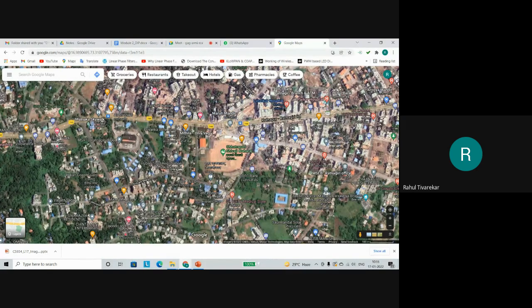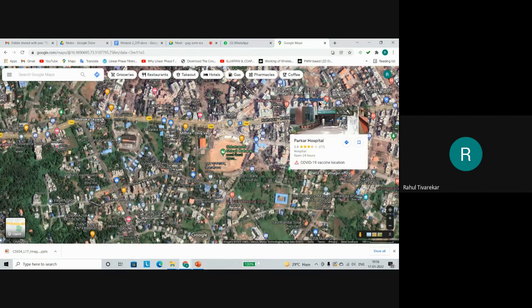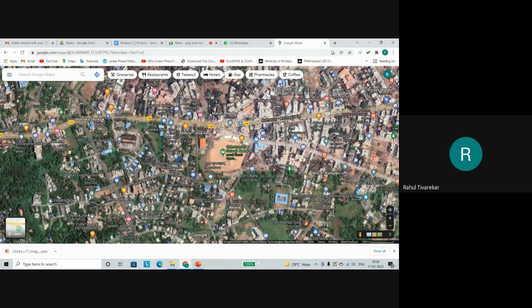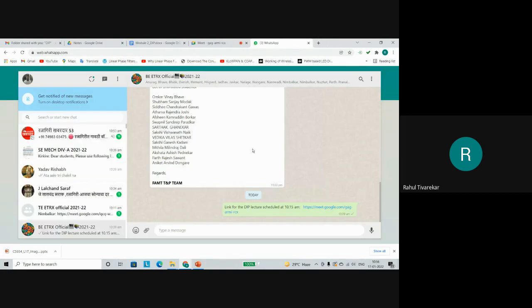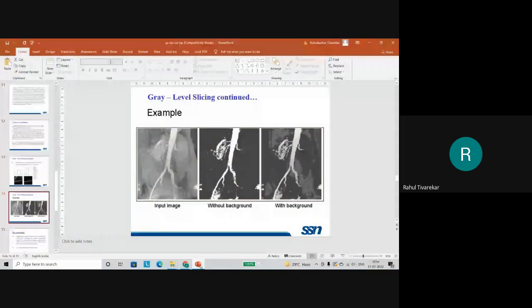Okay, so this first left might be near the Lotlikar hospital, then the next left might be near the Parkar hospital. So I cannot keep tracing all the time, isn't it? I should be able to get a clear idea just by looking at a particular section of that image. So for that, I need to keep some amount of background. I cannot delete all the background data. And in such cases, you need to use gray level slicing, keeping or preserving the background. Okay.